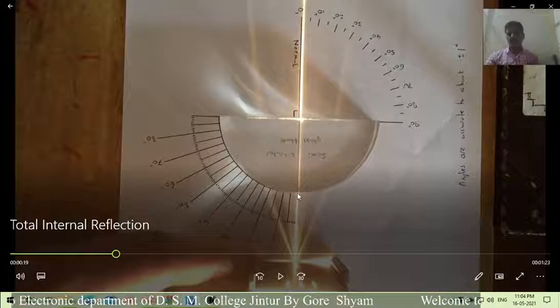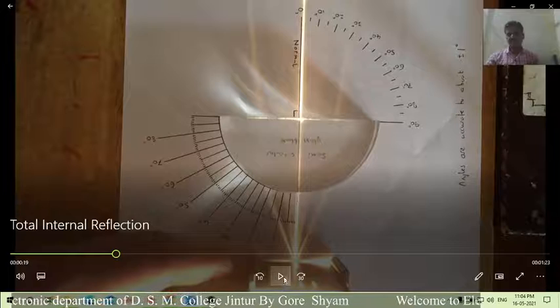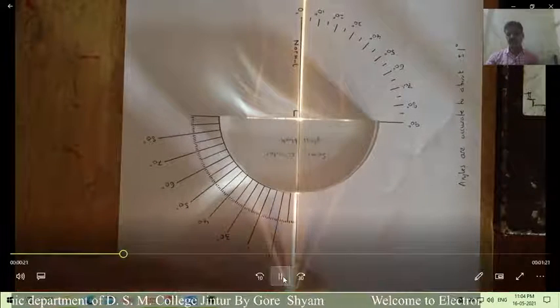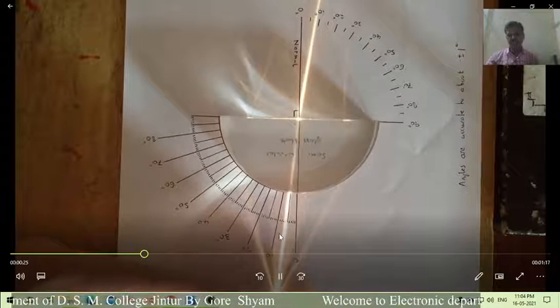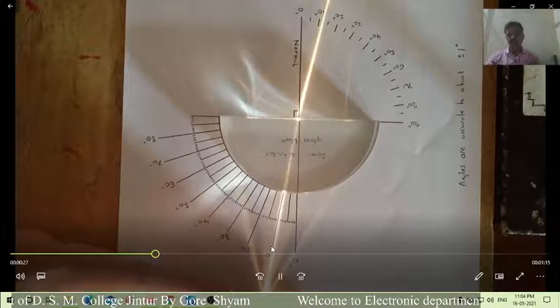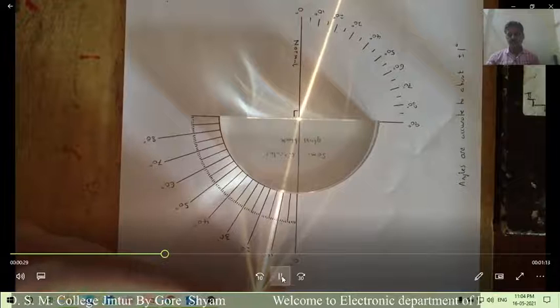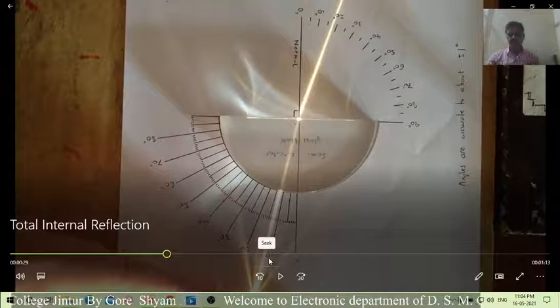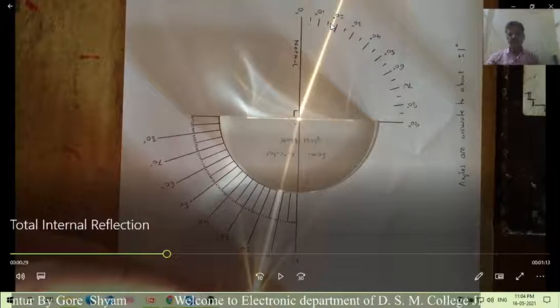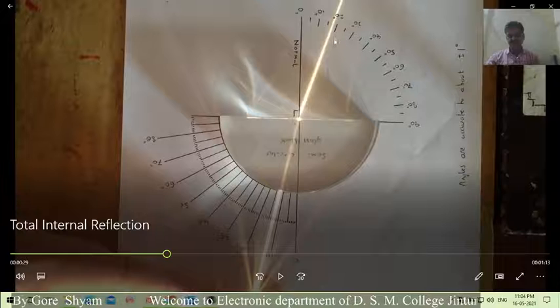Now let us increase this angle like this. Now this angle is nearly equal to 10 degrees. Here the angle is 10 degrees, then this angle is more than 10 degrees.